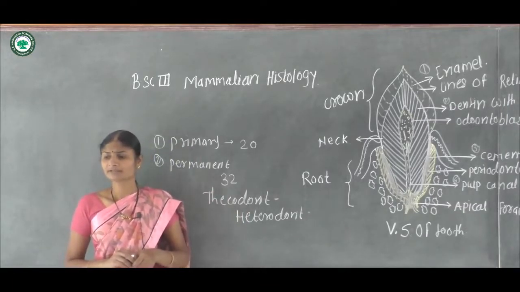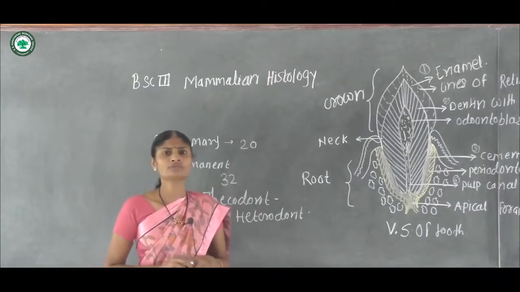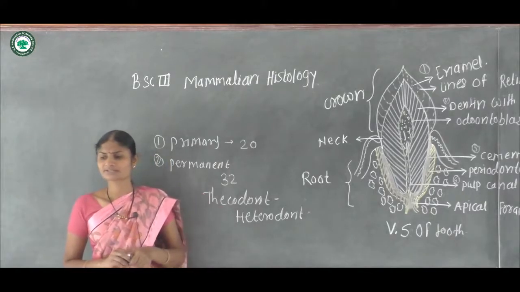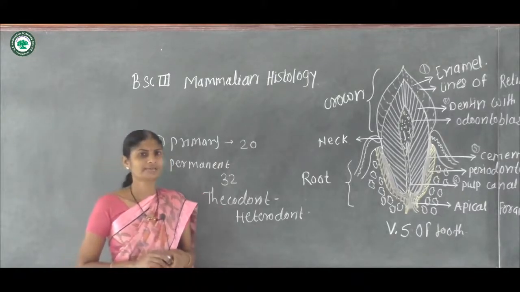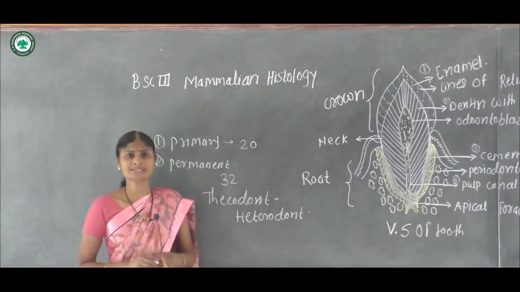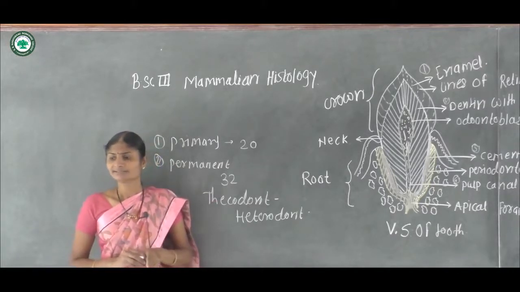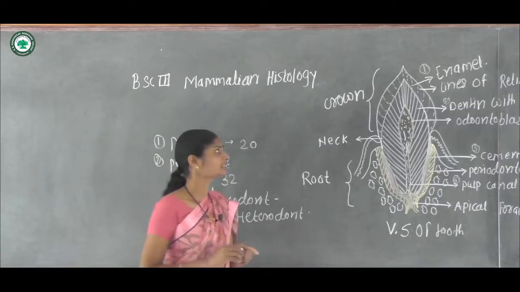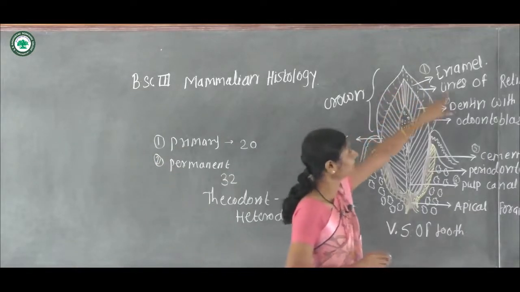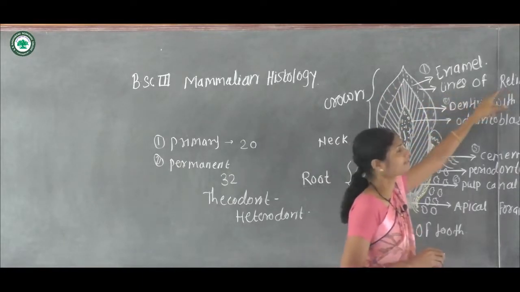Enamel is composed of enamel rods or prisms and an interprismatic substance. Enamel shows lines of growth, and these lines of growth are called lines of Retzius.